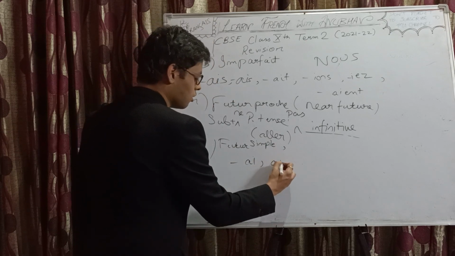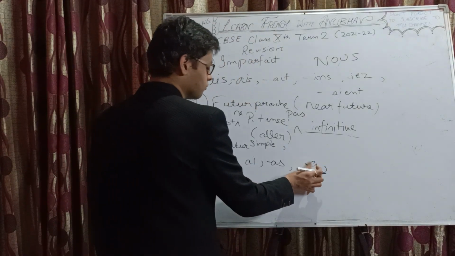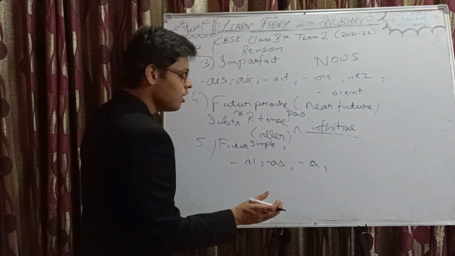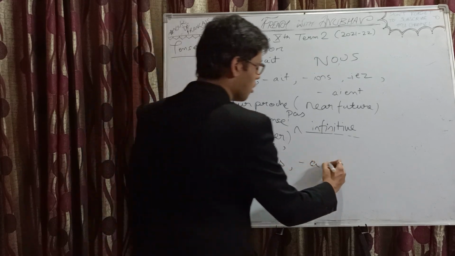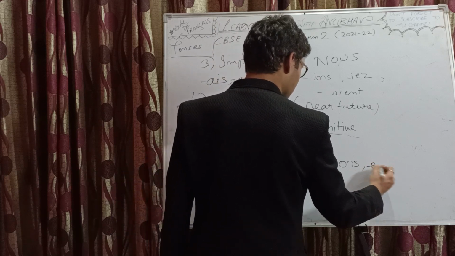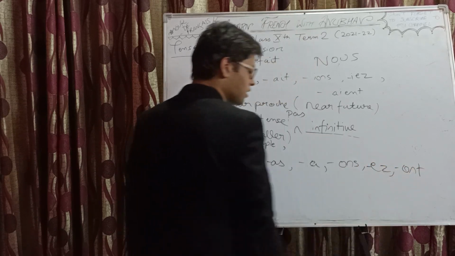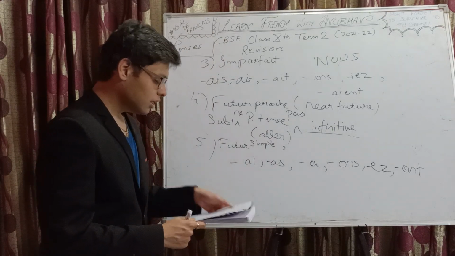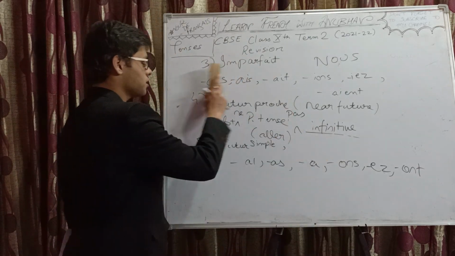Ai for je, as for tu, a for il. I'm putting a hyphen here to indicate that it's an ending, like in parlera. For nous, ons, for vous, ez, and for ils, ont. Simple. Exceptions, of course, are discussed in my video, so go for it.